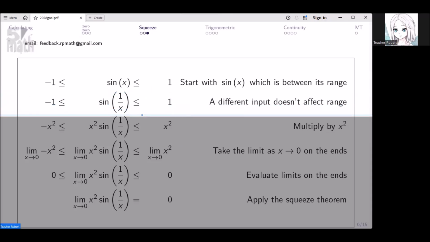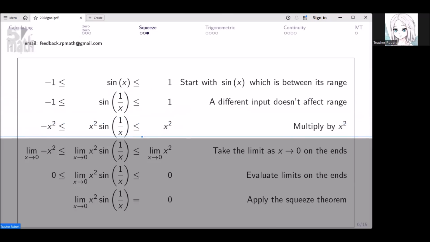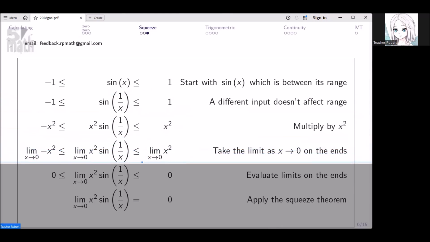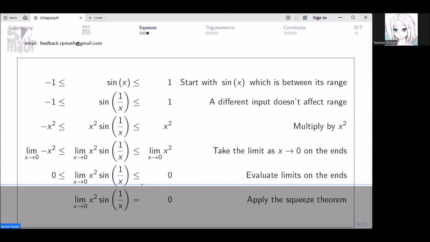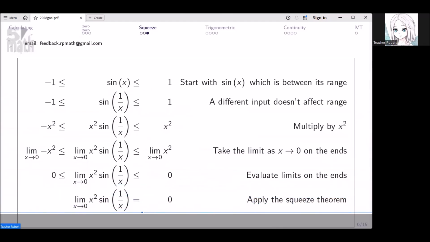A different input does not affect range. Multiply by x squared. Take the limit as x approaches 0 on its ends. Evaluate limits on the ends. Applies the squeeze theorem.